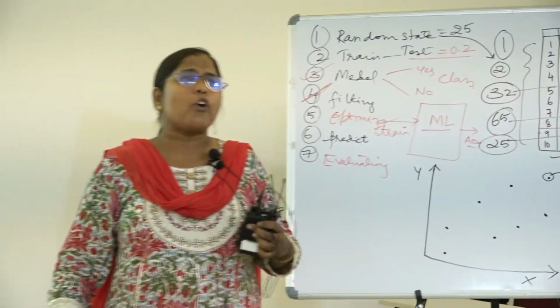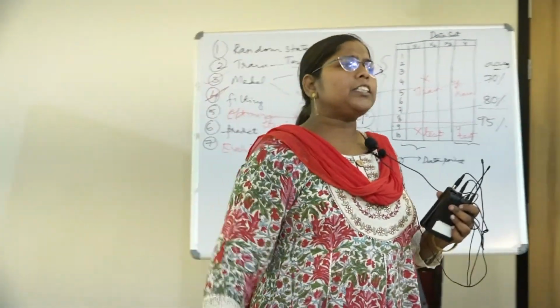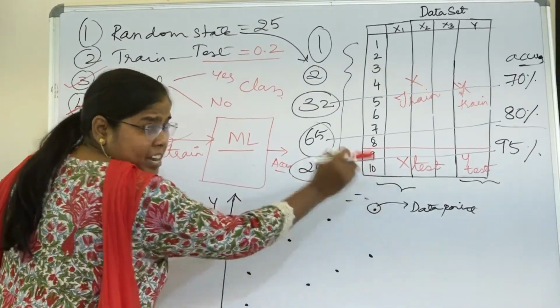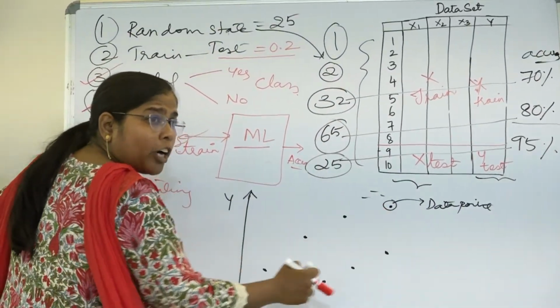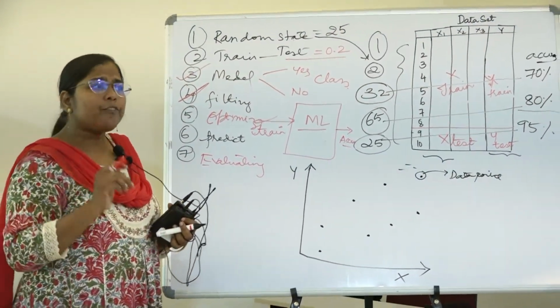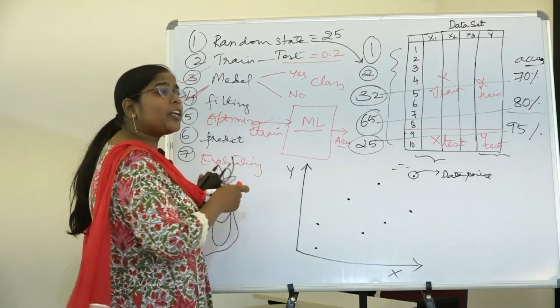If 400 instances, yesterday we saw the data set is having 400 instances, so that 400 rows are there. Means how many dots will be there? 400 dots.